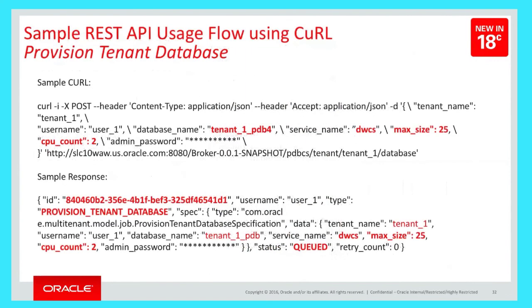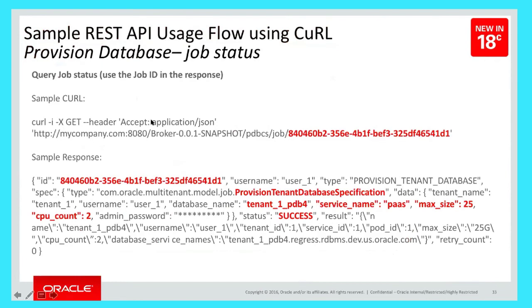This is a simple example of what we do in terms of our own curl commands. Basically issuing a REST provisioning request of a database with CPU count of 2, max size 25 gig, and the job itself is queued, and we get a job ID on the back end, which is identified here.